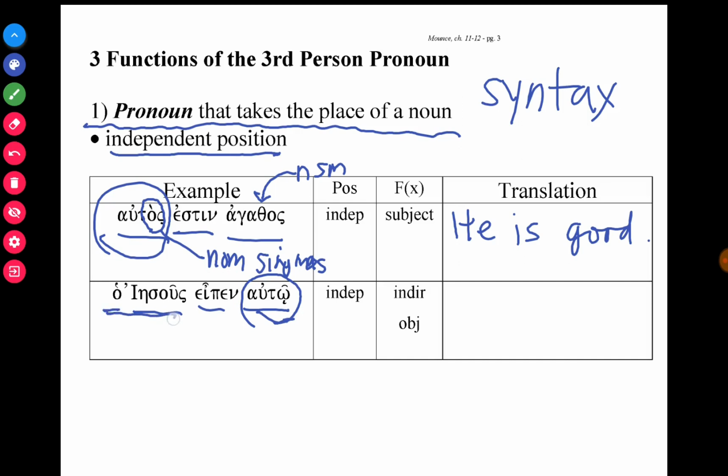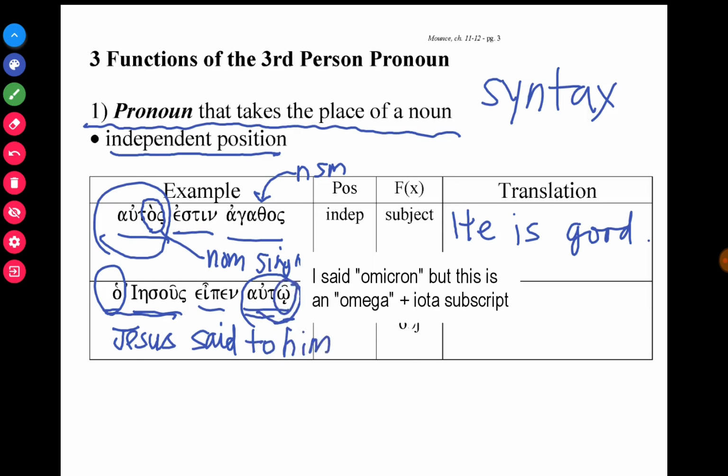So ho Iesous is a subject. Remember that it has the article, so it's likely the subject of the sentence. Jesus said. And what did he say? In this case, auto is in the dative, so we translate it as to him.